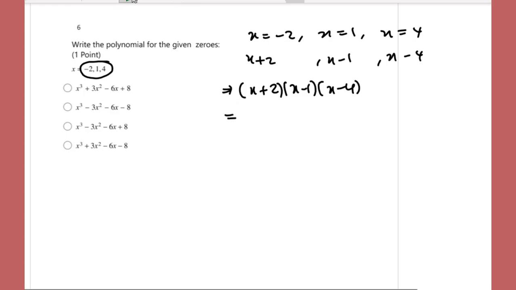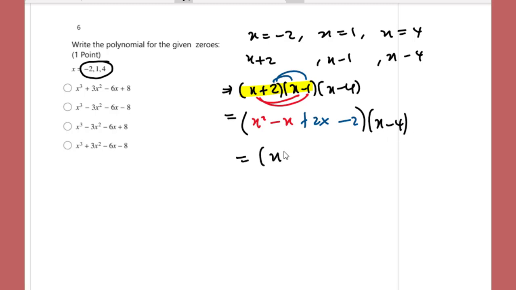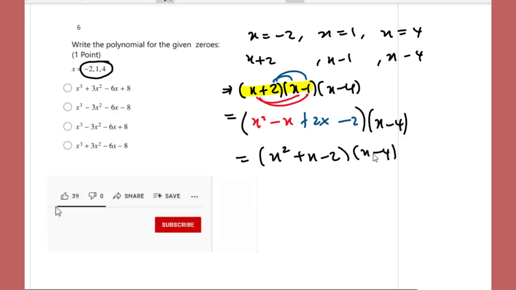Expand the first two brackets first. x squared, plus negative x, plus 2x minus 2. Simplify this one: x squared plus x minus 2. Then the second step is to multiply by the third bracket.